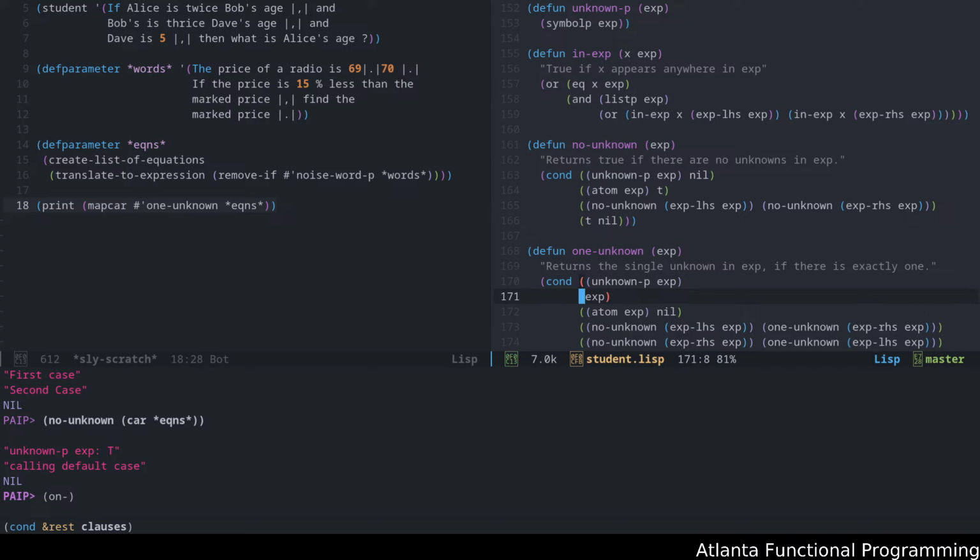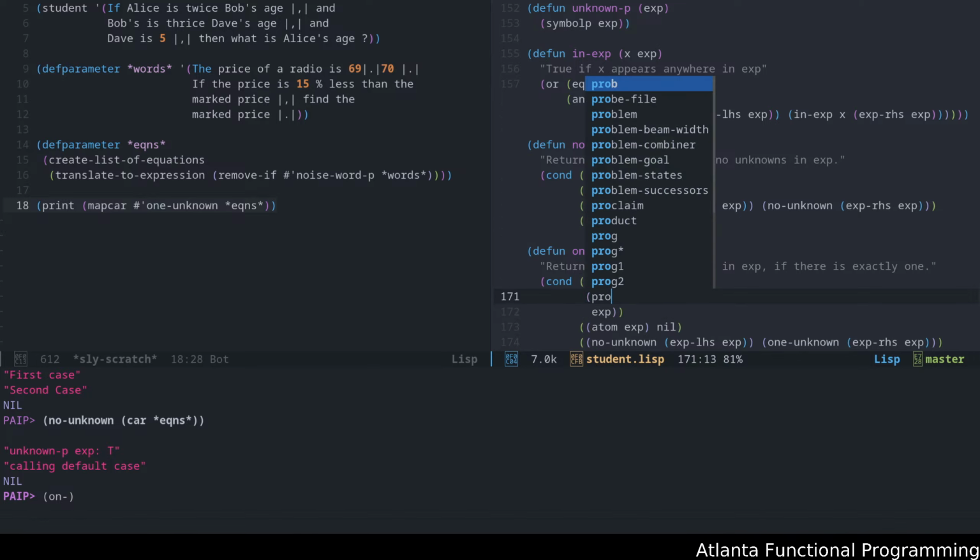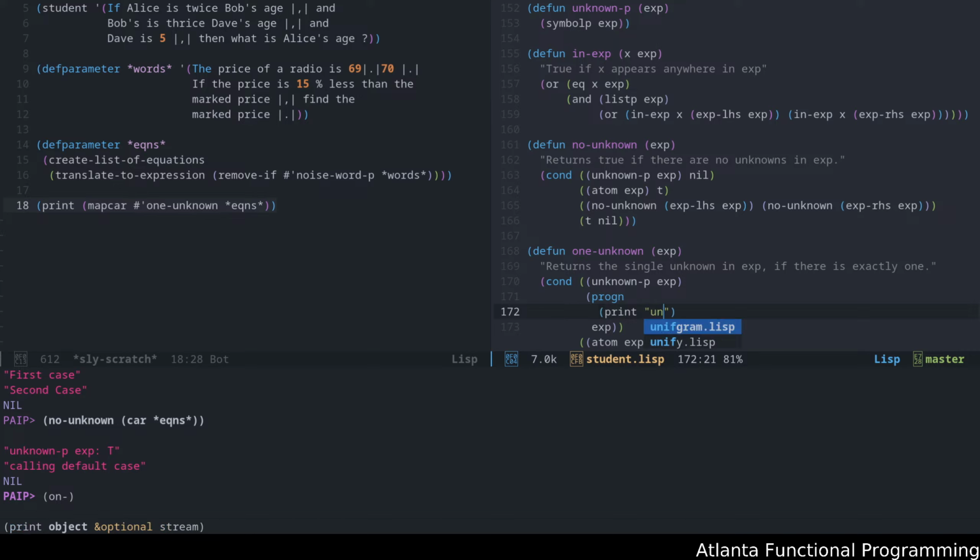Unknown PX returns true. And we can see, actually, let's do this. Format T unknown.